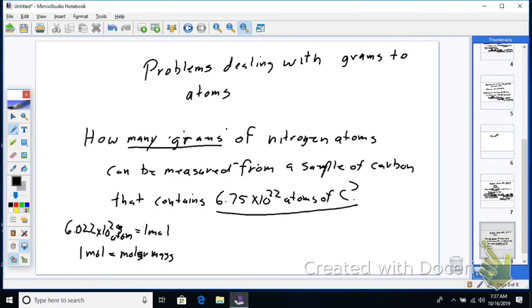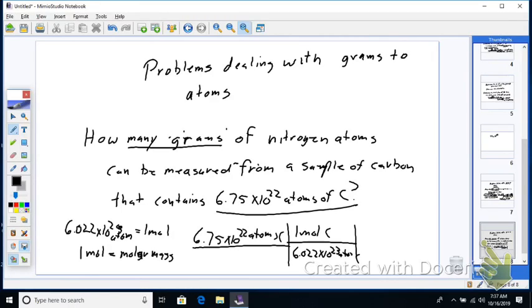We'll start out with 6.75 times 10 to the 22nd atoms. Anytime you have numbers that start out that big, you're always going to divide by Avogadro's number, 6.022 times 10 to the 23rd atoms of carbon. That's equal to 1 mole of carbon.